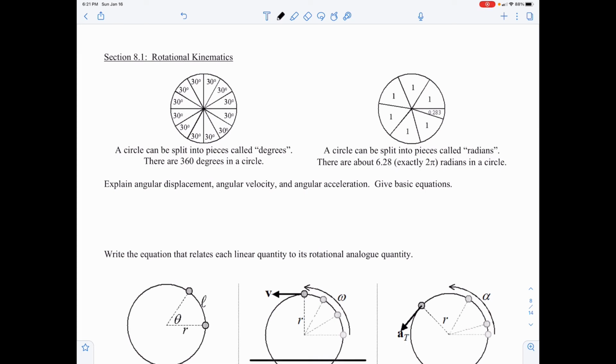Section 8.1, Rotational Kinematics. A circle can be split into pieces called degrees. There are 360 degrees in a circle. Well, a circle can also be split into radians. There are about 6.28, in other words, exactly 2 pi radians in one circle.